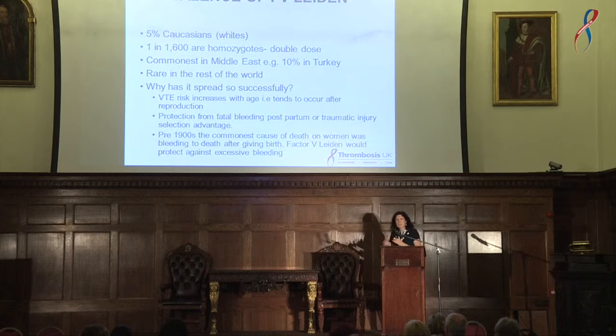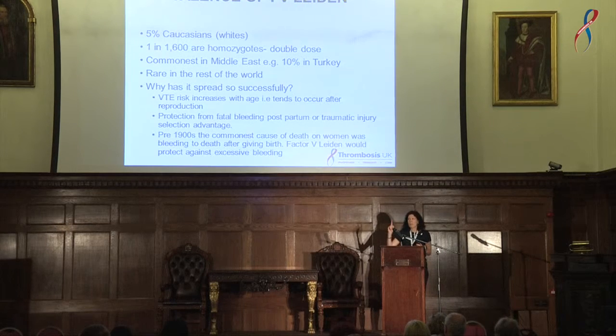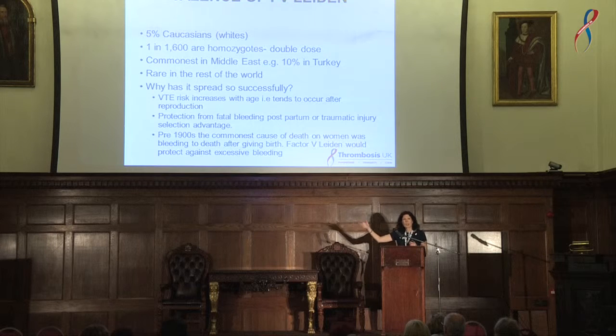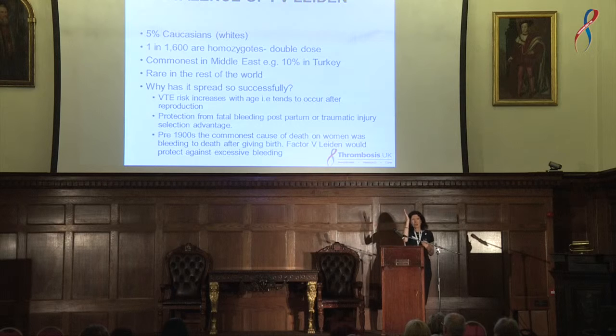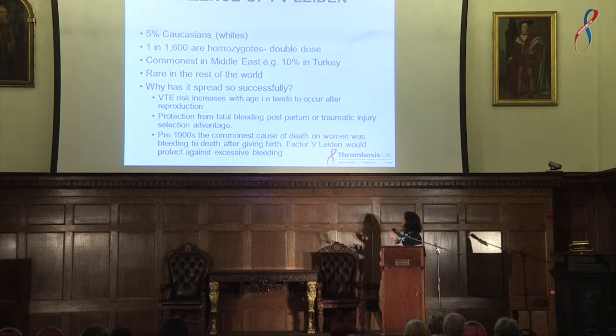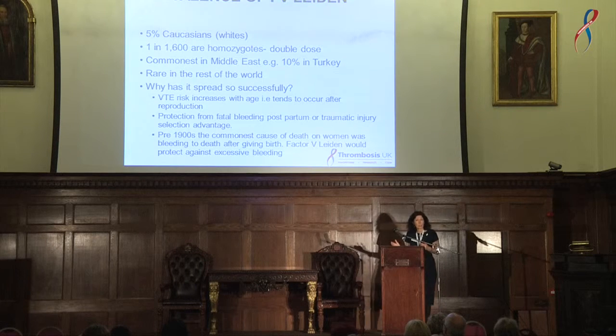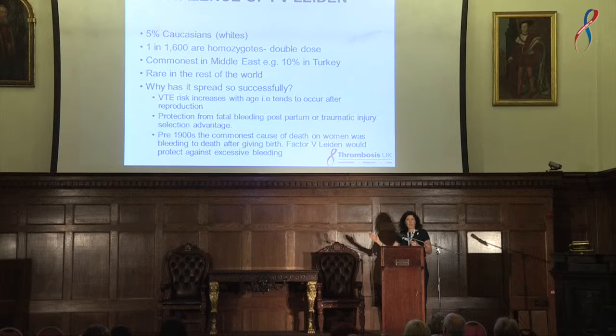What we know about factor V Leiden is probably the very first person that had factor V Leiden was born out in Turkey or the Middle East, and it spread across Europe towards the British population. So if you were to go to Turkey today, about 10% of the population have factor V Leiden.